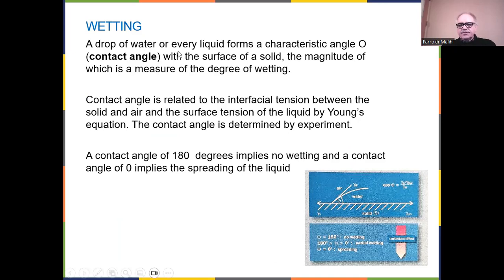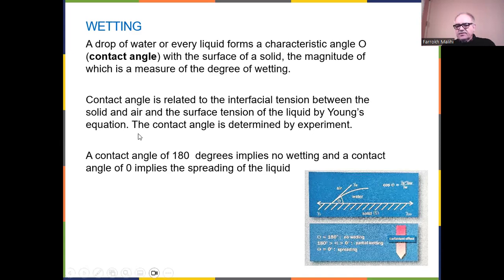A drop of water on every solid surface forms a characteristic angle. So this water on this surface of this particular substrate forms a certain geometry and an angle with the surface. We call that contact angle.